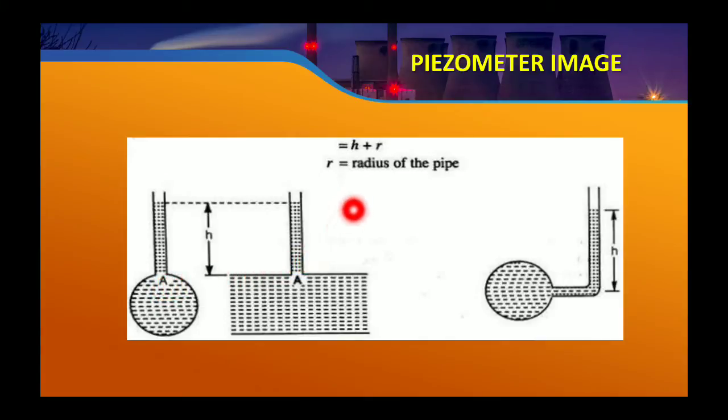The r is the radius of the pipe, and this h is the height.